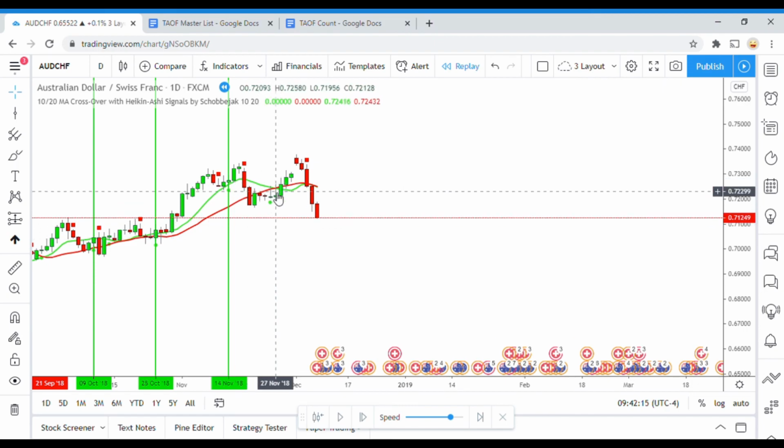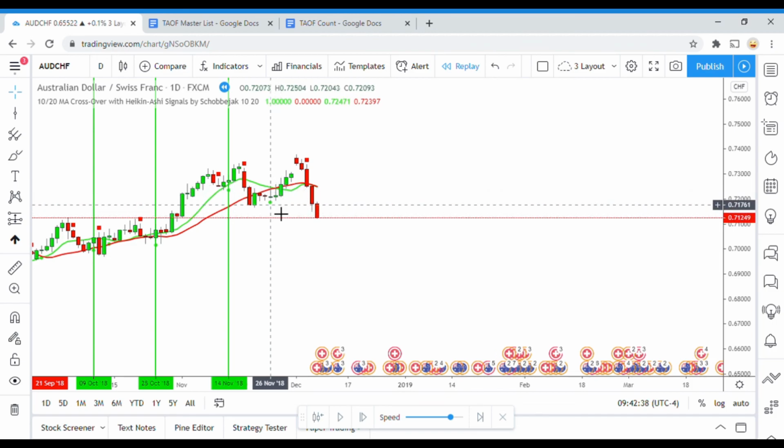Okay, so here's a little bit of a questionable area on this indicator. You have the signal to go long here, and on the entry candle here, you can see the green line crosses down below.